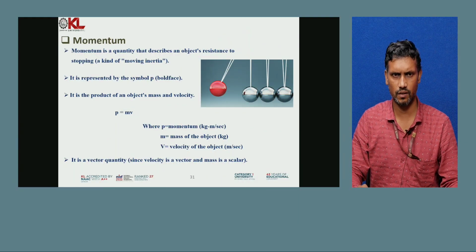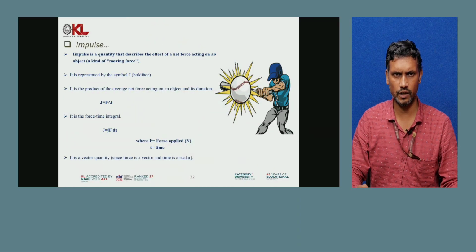Momentum: mass into velocity will give you momentum. Momentum is also an important thing. It is represented by P. Now impulse, it is another factor. Impulse is nothing but a large force for a very small time interval.